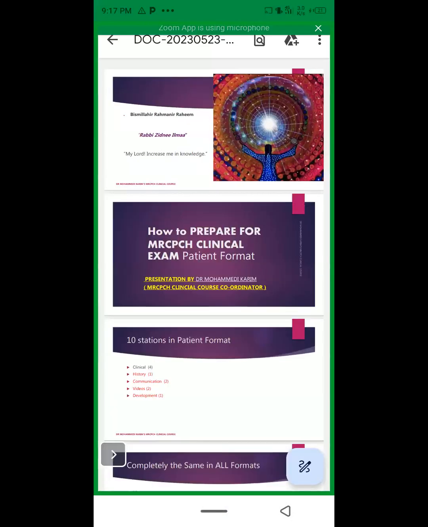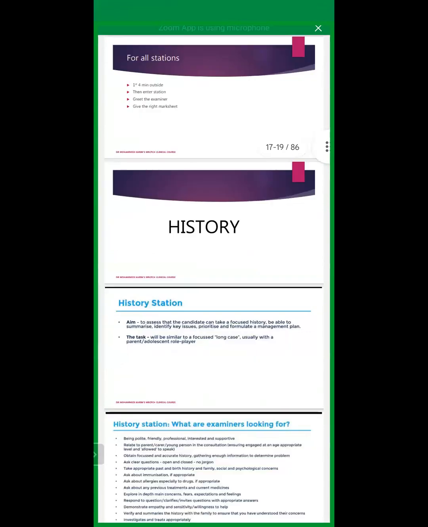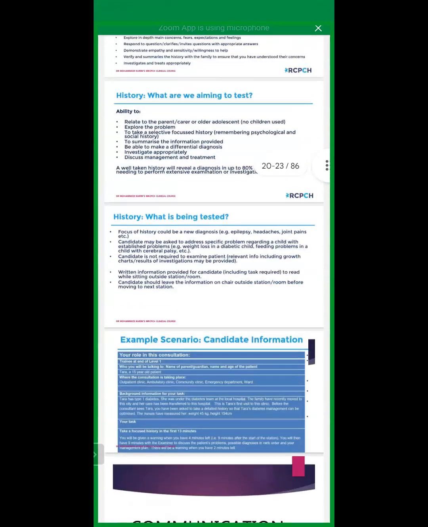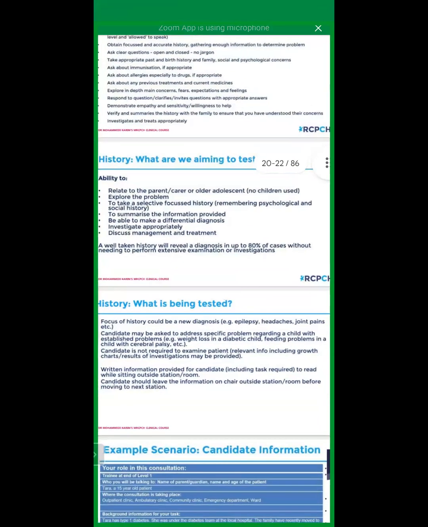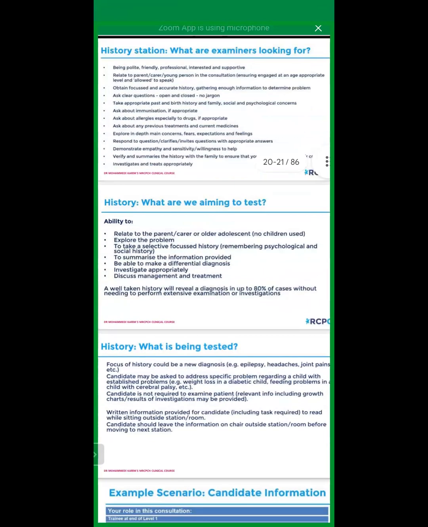Communication style will also be checked in your history taking, not only in the communication station. Don't think it's only in communication that you have to build rapport and show empathy; you have to also do it in your history taking station. So number one, always try to open your history with open-ended questions. What do I mean by an open-ended question?